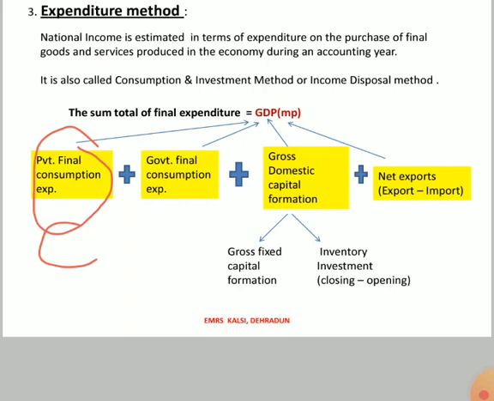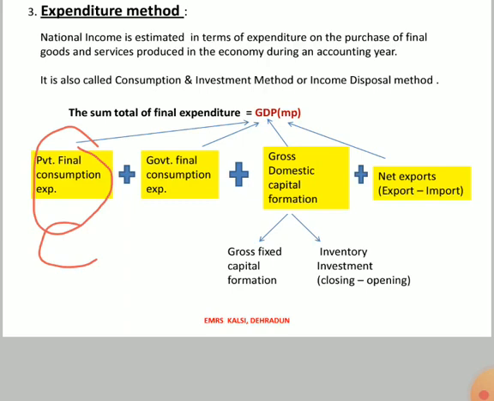These expenditures made by the normal people of a country are counted in the category of private final consumption expenditure.